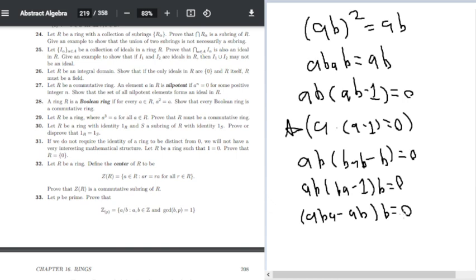ABA minus AB. I mean, we can pull an A out of there on the right hand side to then get A, BA minus AB, times B is equal to 0.